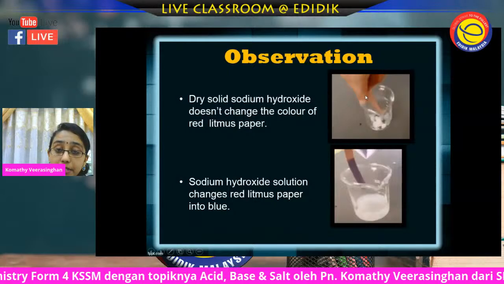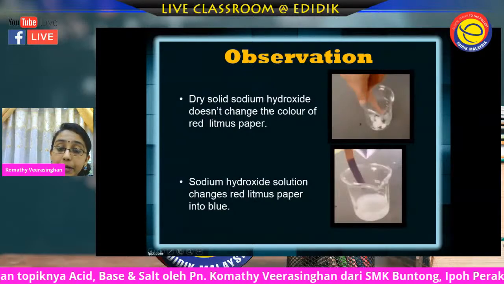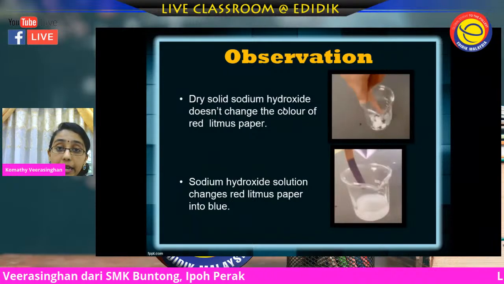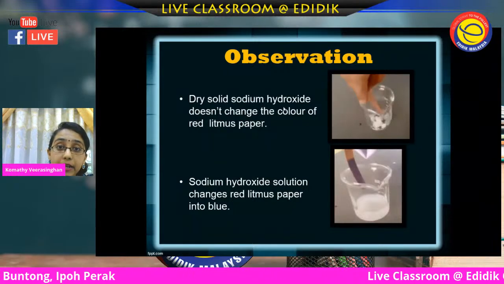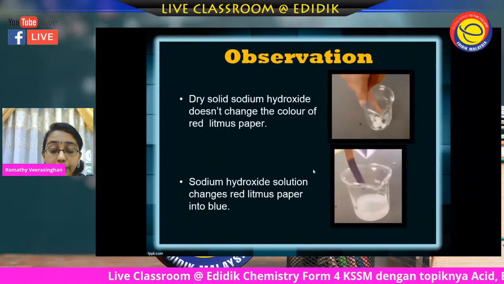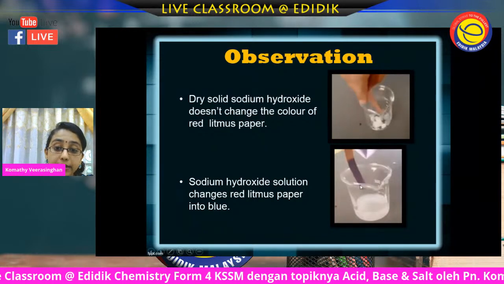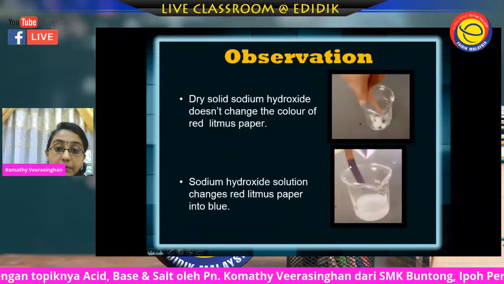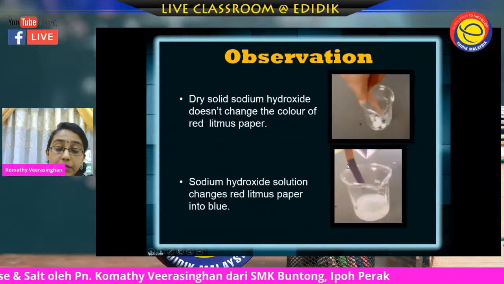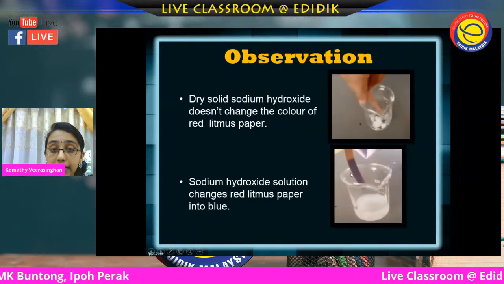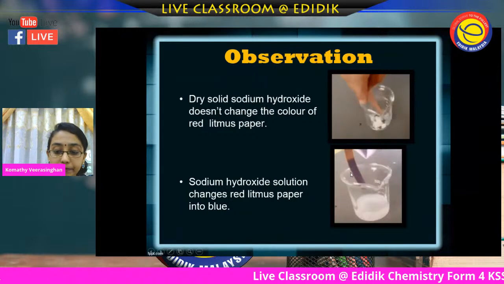When there's an absence of water, sodium hydroxide, although it is alkaline, is unable to exhibit its alkaline properties. But after it dissolves in water, what happens, class? The red litmus paper turns blue. When the red litmus paper turns blue, it shows it is able to exhibit its alkaline properties.